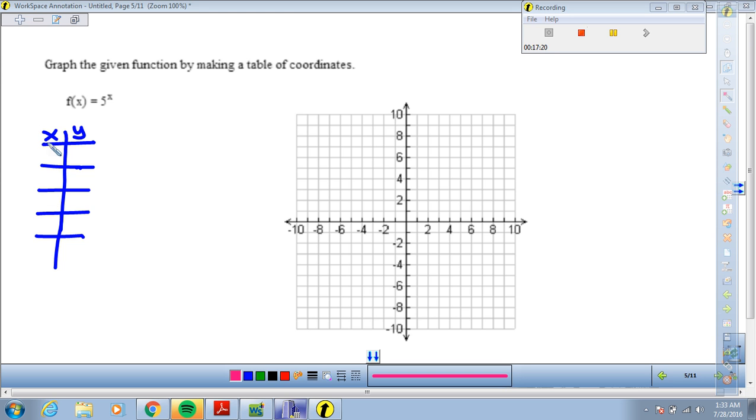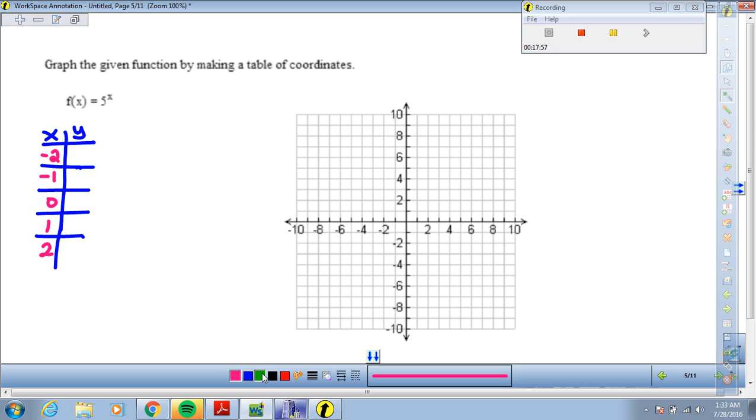So let's choose a couple of negatives, 0, and a couple of positive x's: -2, -1, 0, 1, and 2. We might need to choose more, we might not. We'll see if these points give us a good idea of how the graph is going to look. Maybe that's good enough.